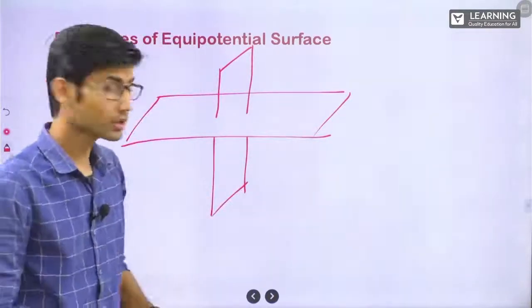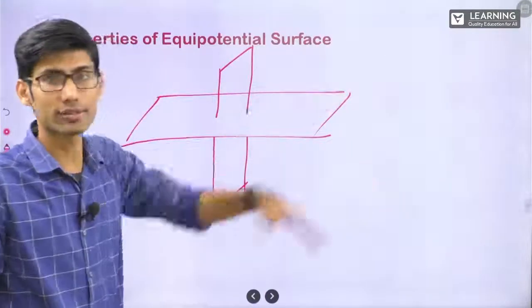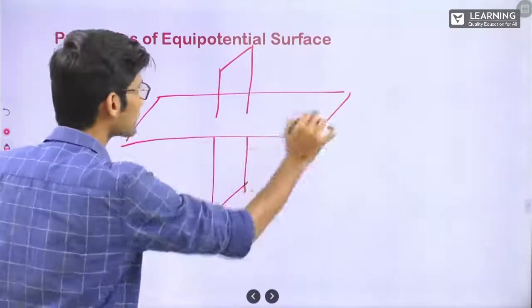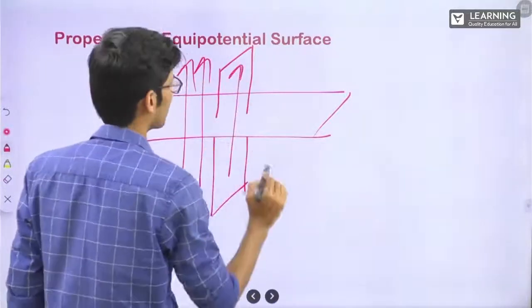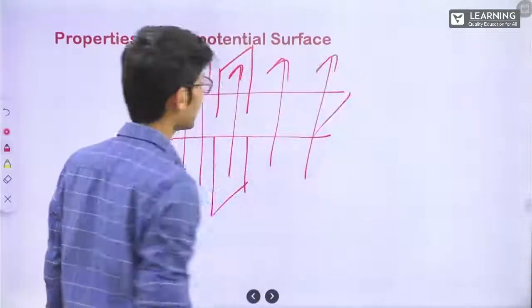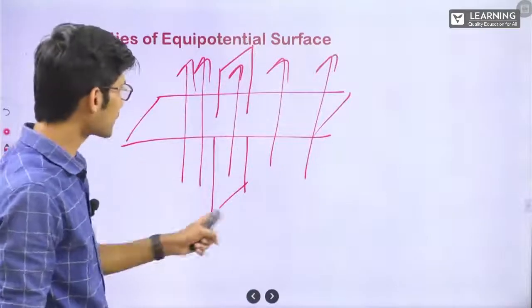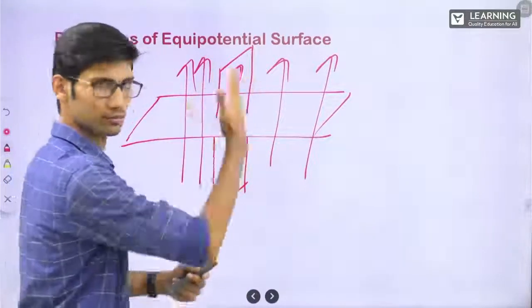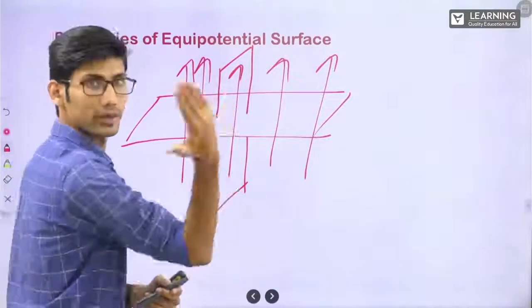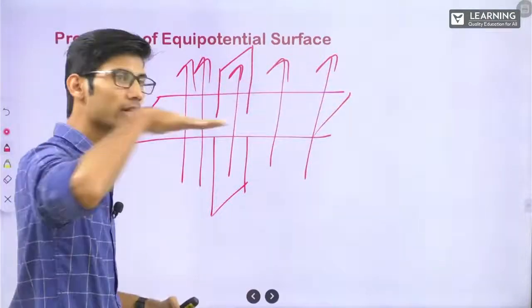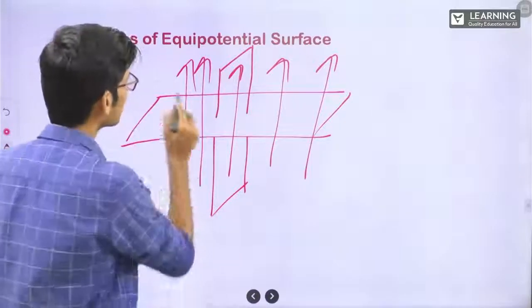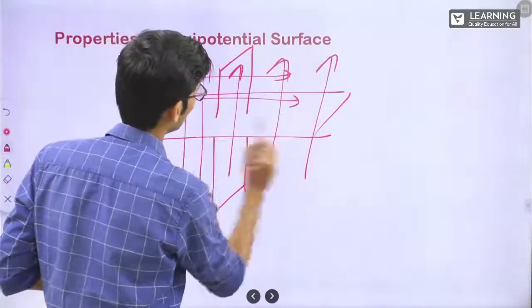Clear? This is an equipotential surface. That means the electric field lines passing through this equipotential surface will be perpendicular to it like this. For this other equipotential surface also, the electric field lines will pass through it perpendicularly, going like this.